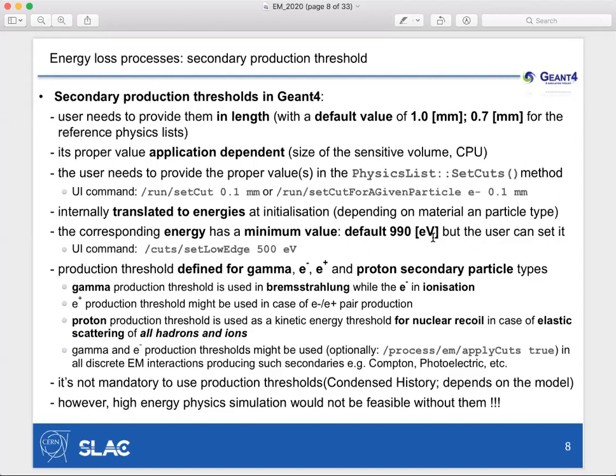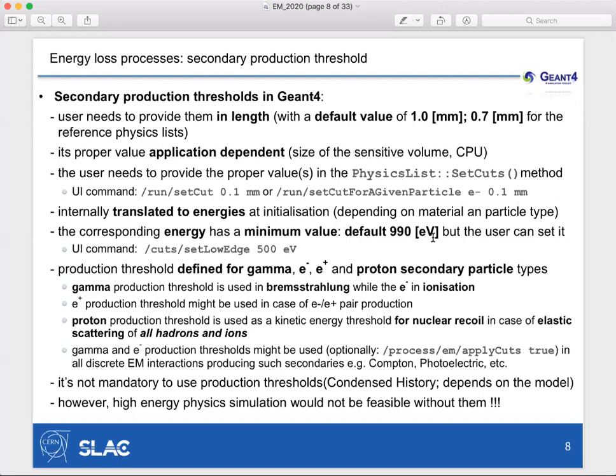Again, I think I mentioned a couple of times already that using a secondary production threshold is not mandatory. We could do a simulation that makes the whole life much easier without condensed history simulation, but this is not feasible. It would require creating a secondary particle, tracking that secondary particle.